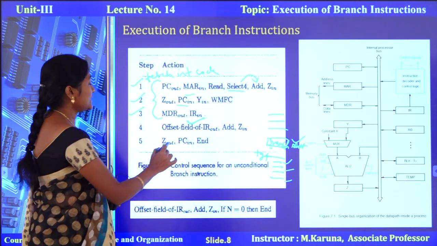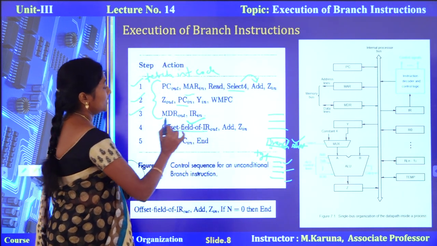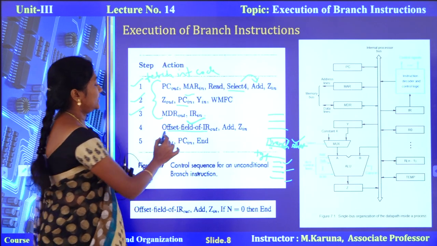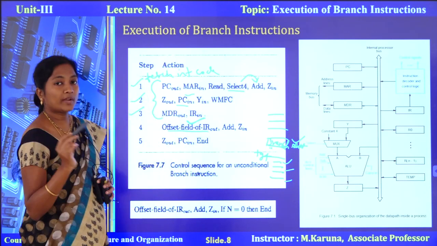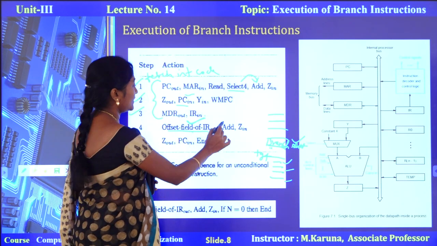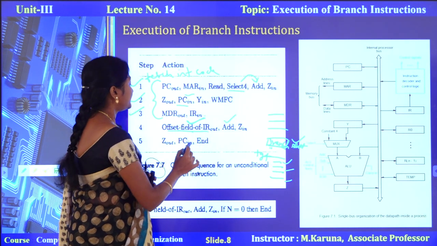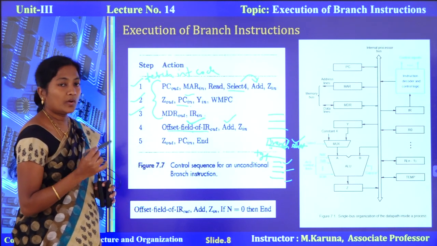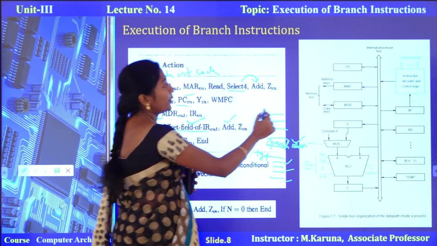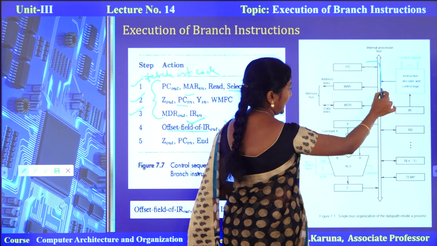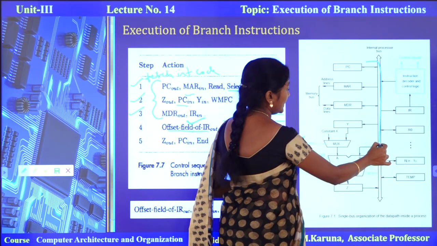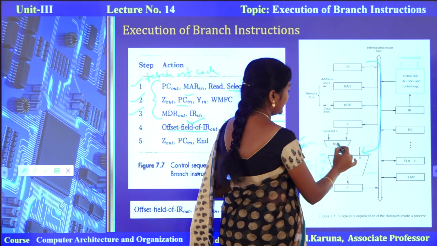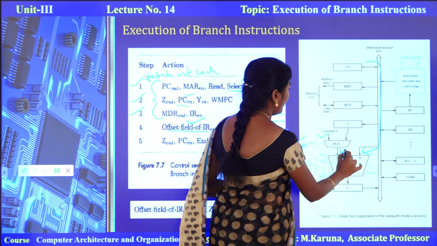Likewise, to handle the offset address, a control signal is used. This offset address will be added to the program counter. Here the program counter is already available on the internal bus, and then we select 4.